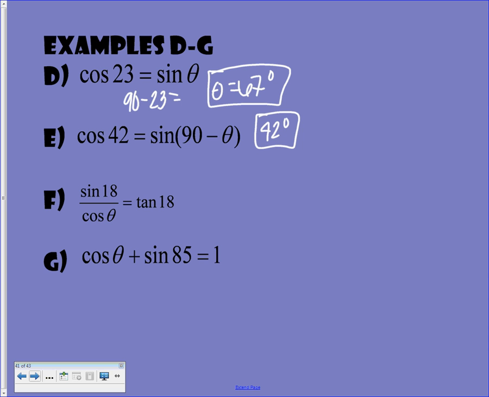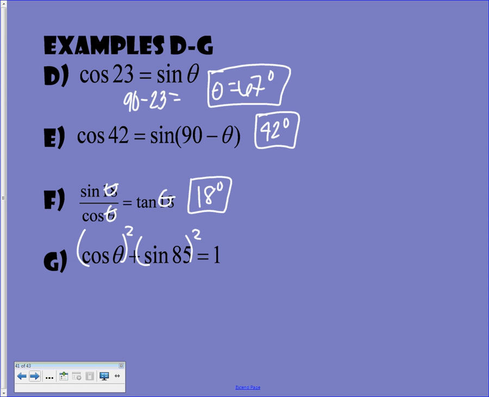Example E says, what are you subtracting? Example F says tan of 18 is sine of 18 over cosine of 18. Theta in that formula was tan of theta, sine of theta, cosine of theta. It's all the same, so 18, 18, 18. And example G, I think we're missing squareds here.